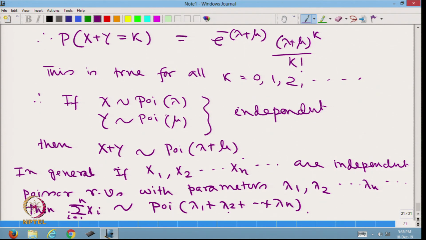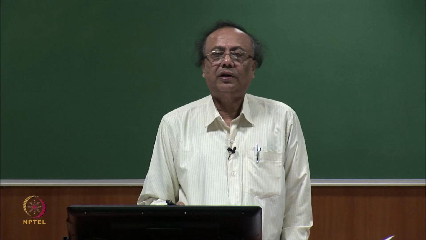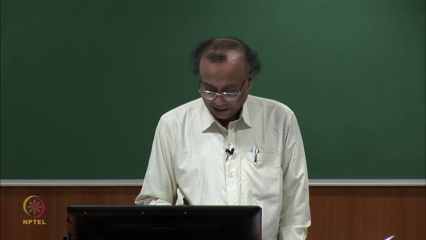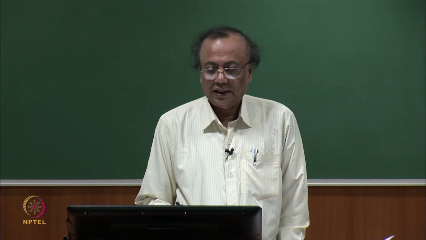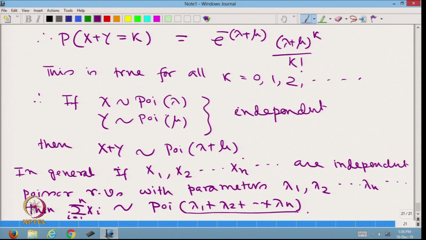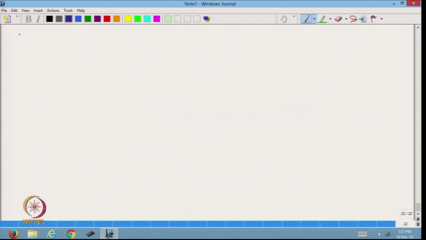This is a very interesting result, which we shall see later, because we use Poisson random variables for counting the number of arrivals, and we will see that that naturally comes with the summation of the parameters.